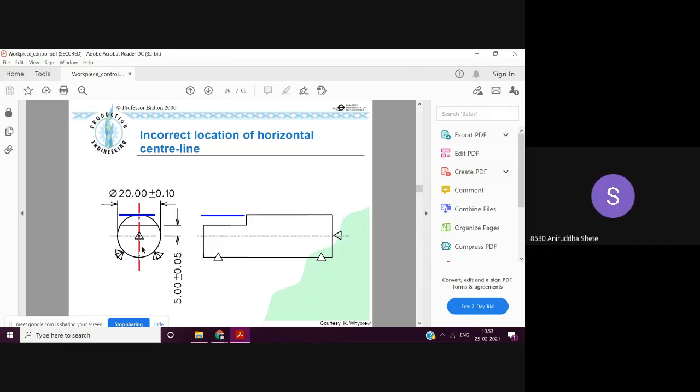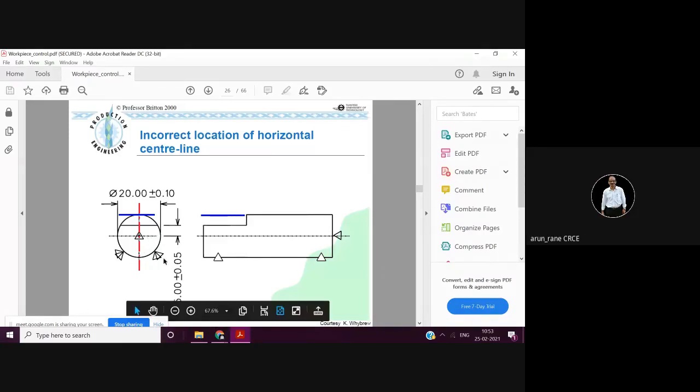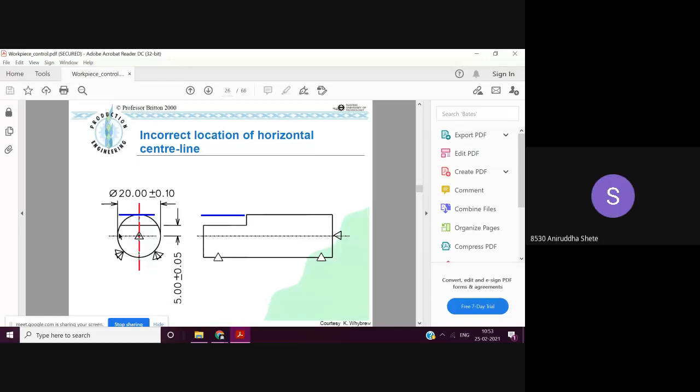Sir, it will shift radius-wise, 0.5. Yes, 0.5. So now this distance, how much will I get? 4.5, isn't it? Because the center line is shifted by 0.5 up with respect to the earlier center line.